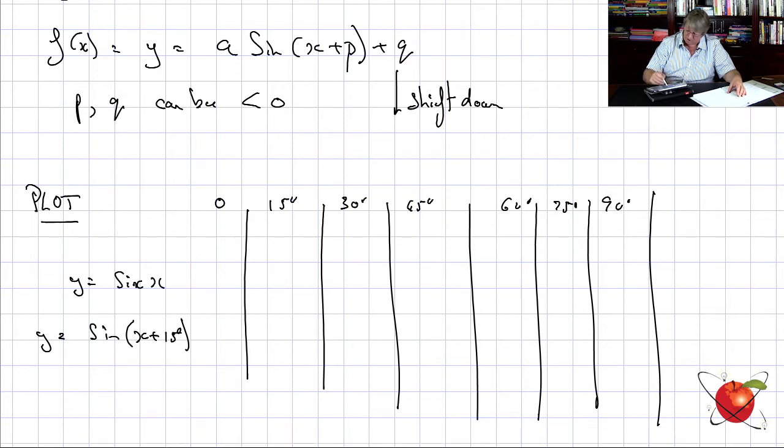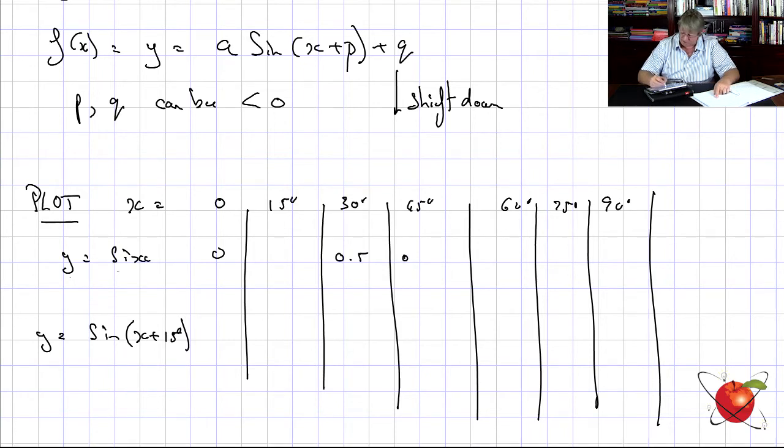I'm going to put y equal to sine x there. Sine of 0 is 0. Sine of 30 was 0.5. Sine of 45 is 0.707. Sine of 60 was 0.866.